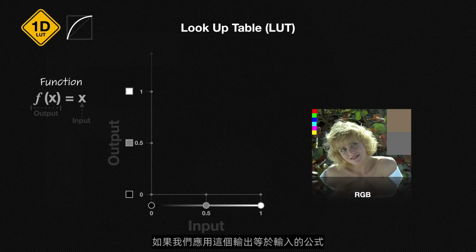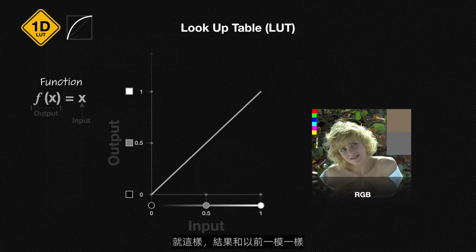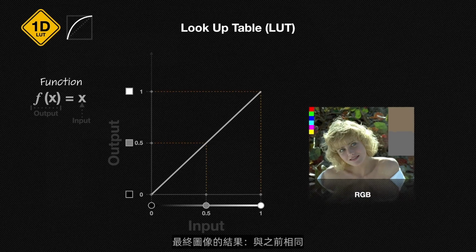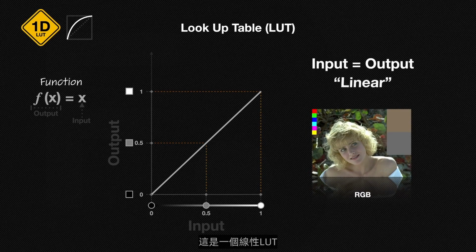So if we apply this formula where the output is equal to the input, here you are the result, exactly as before. You can check using the same values we pre-calculated for the array. Here you are. And at the end, the result of the image, same as before. This is a linear LUT.